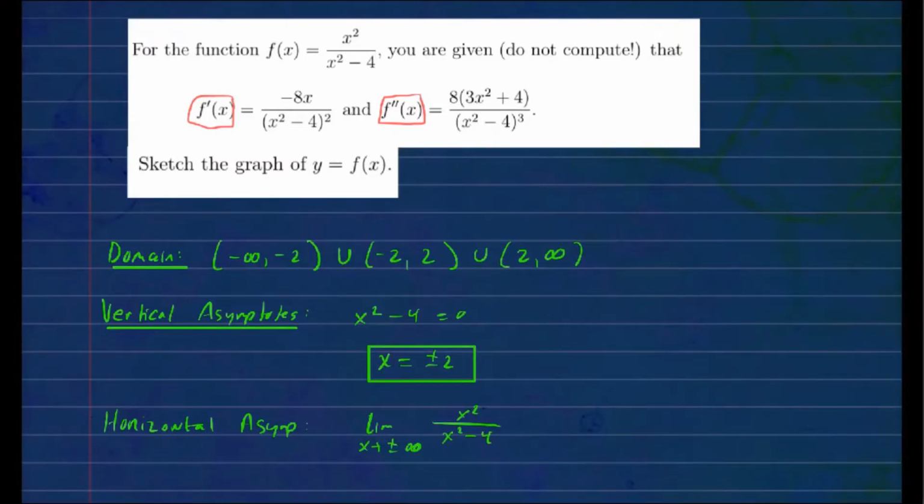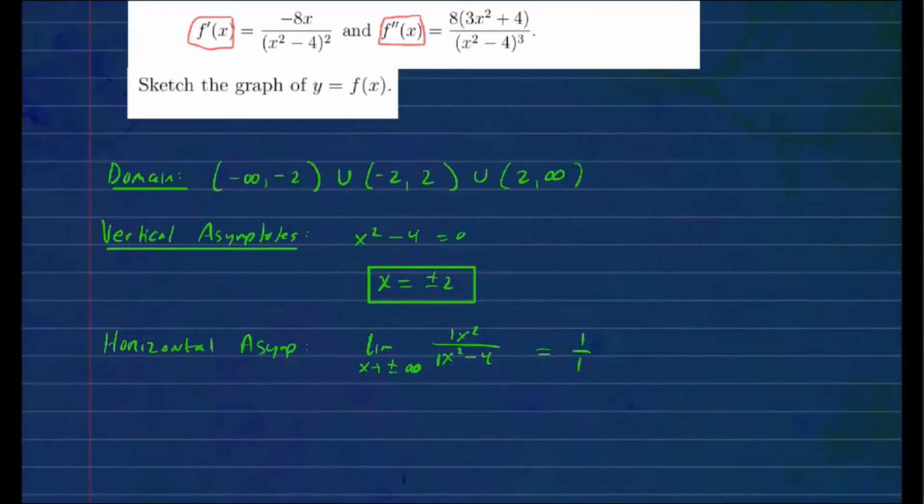So this is the highest power. And the degree on the bottom is also 2. Because they're equal, we can say the horizontal asymptote is the ratio of their coefficients. This has coefficient 1, this has coefficient 1. So the ratio of their coefficients is 1. Therefore, we can say the horizontal asymptote is y equals 1.